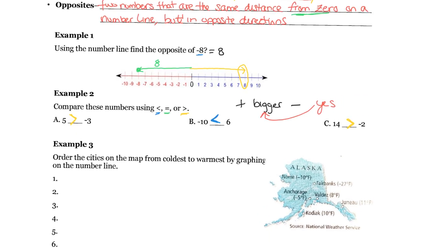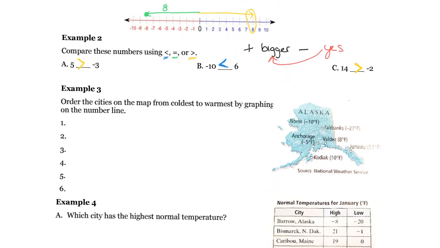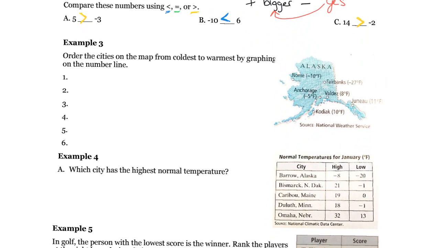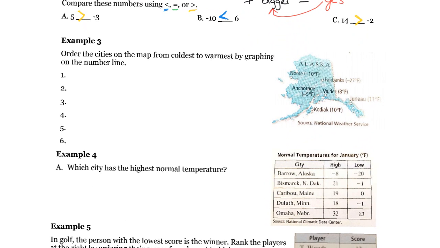All right, hopefully a lot of this is review so far. So example 3 is order the cities on the map from the coldest to the warmest by graphing on the number line. Let's not graph on the number line because there isn't one there. So let's just write them in order from least to greatest over here.